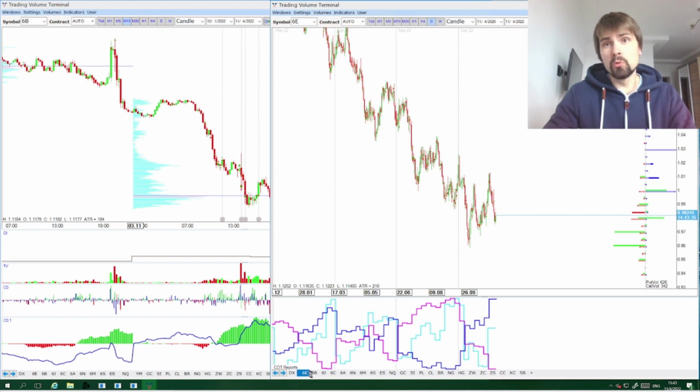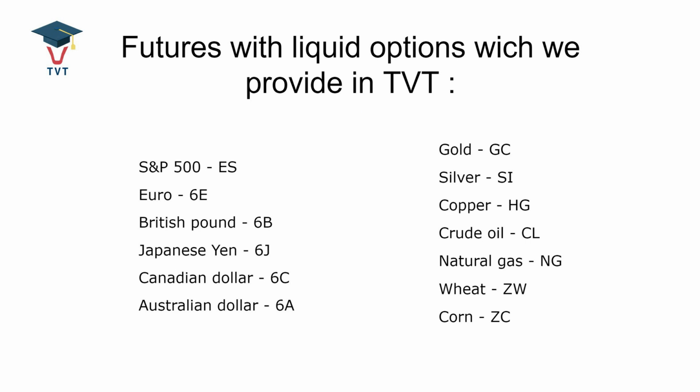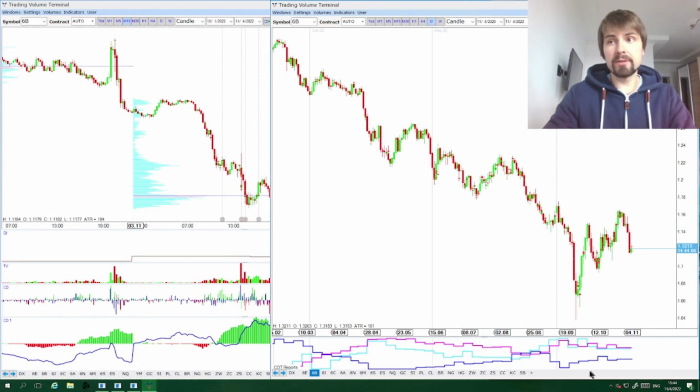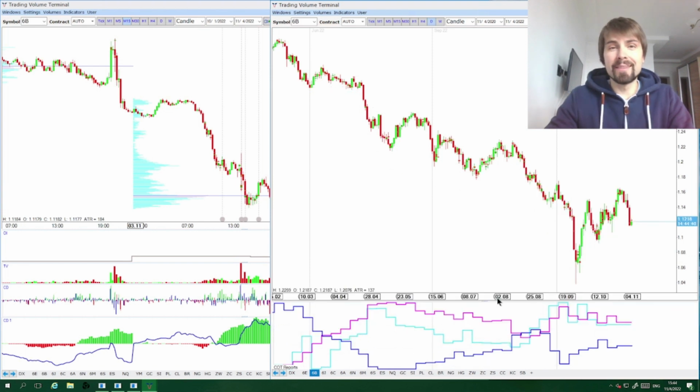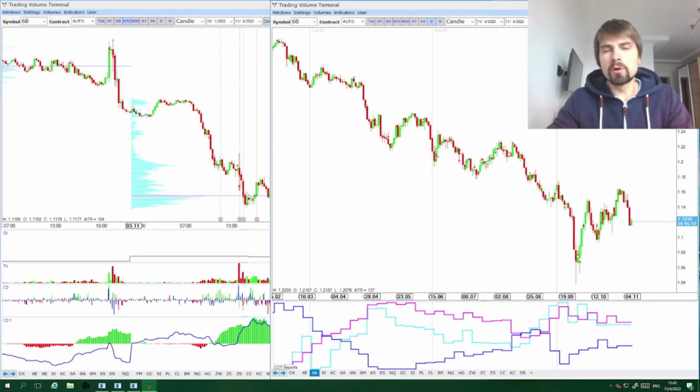We have options in euro, British pound, Japanese yen, Canadian dollar, Australian dollar, S&P 500, gold, silver, crude oil, natural gas, copper, wheat, corn. Instruments where options are not liquid, we don't analyze, because they do not influence the market, or they have low influence, and these low liquidity trades can mislead us more than help us to make proper decisions.